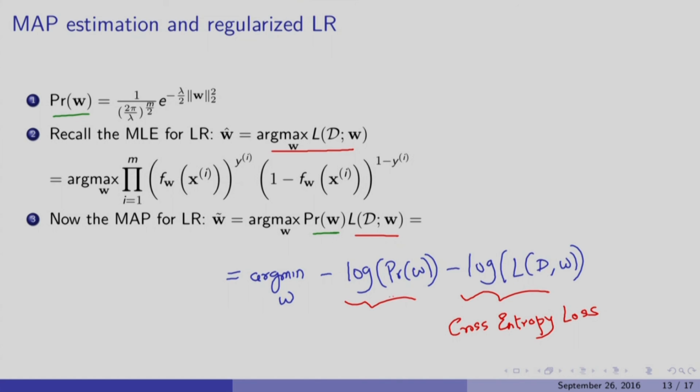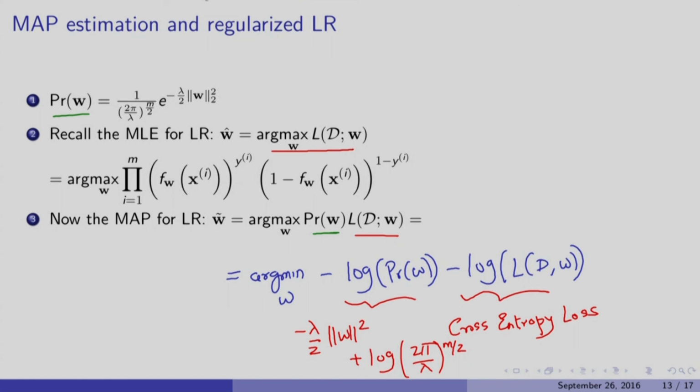whereas we have enough intuition to understand what this prior will mean. It will basically mean minus lambda by 2 norm W square plus log of 2 pi by lambda to the m by 2.